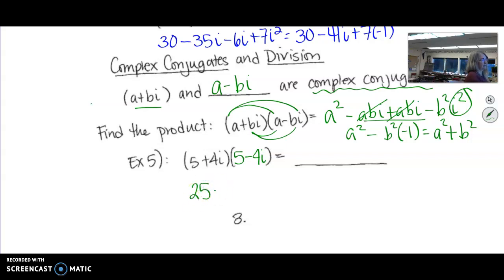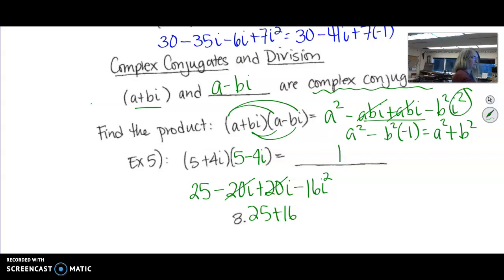So 25 minus 20i plus 20i minus 16i squared. These two cancel out, so I'm left with 25. And then this is a -1, so it turns into plus 16. And what is that? We have 41.